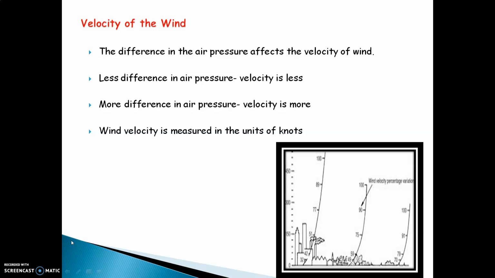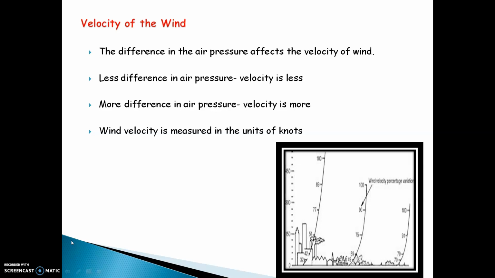Because of air pressure, the velocity, also called speed of the wind, keeps on changing. Less difference in air pressure, velocity is less. When the air moves with less pressure, the velocity of the wind is less, that is, the speed of the wind is less.